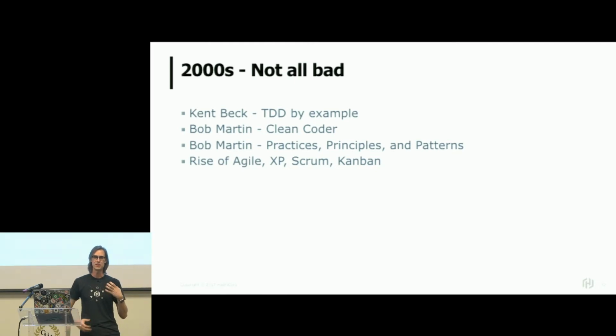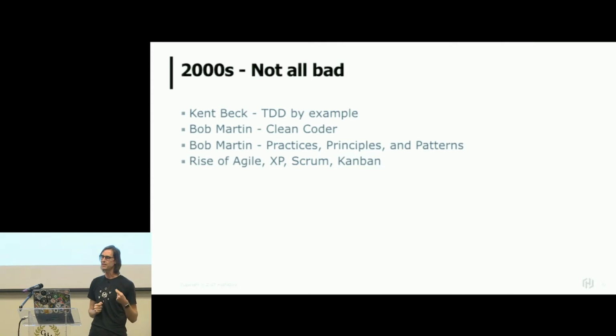We had this embracing of software engineering as a craft. So Kent Beck wrote TDD by Example. You had Bob Martin, who wrote Patterns, Principles, and Practices, and Clean Coder. And the Agile Alliance formed.